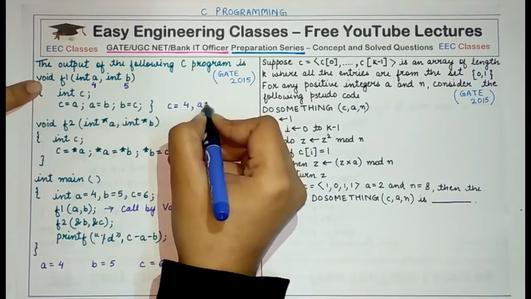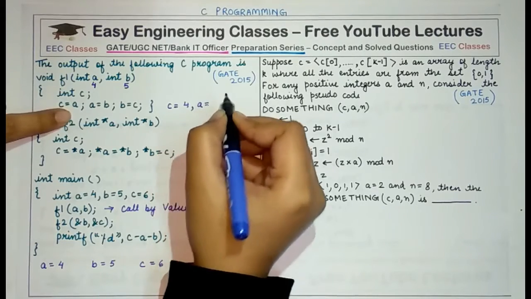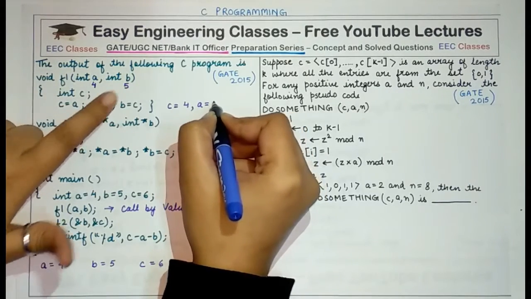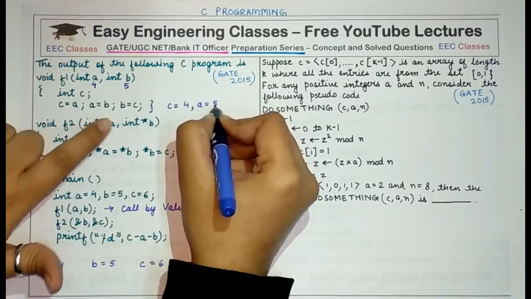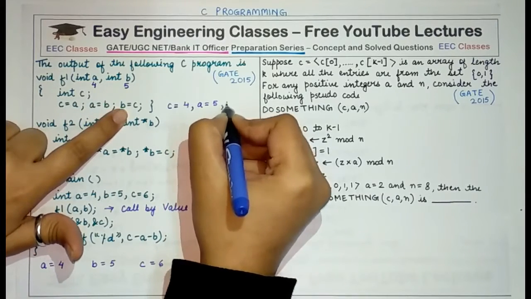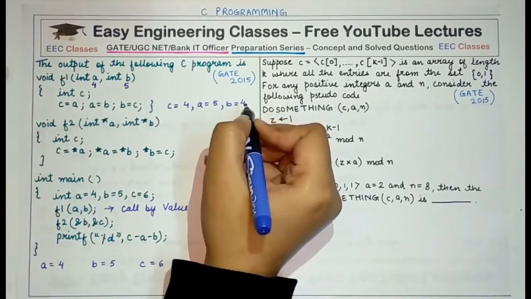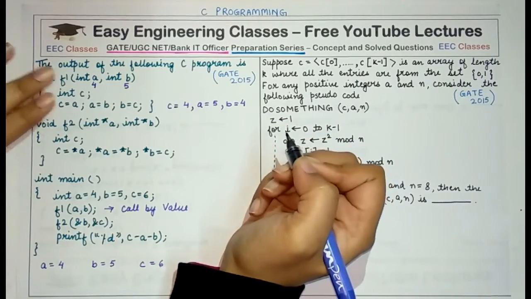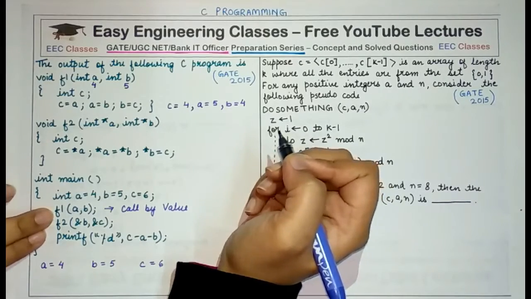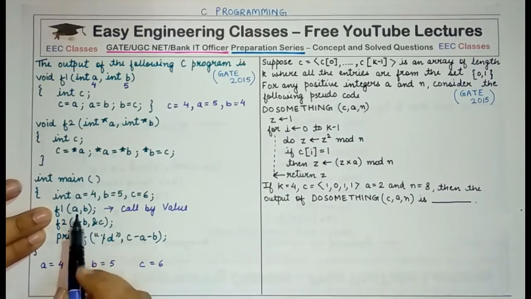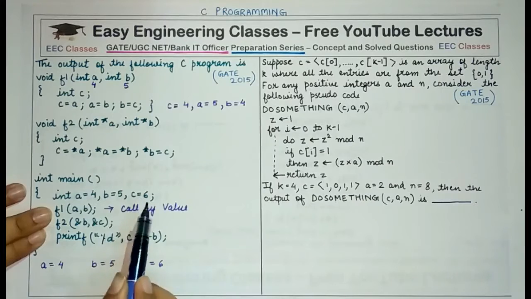Then the copy of a is changed to the value of b, so it is assigned 5, and the copy of b is assigned the value of c, which is 4. All these changes are local to f1 and none are reflected back. So the final values of a, b, c of main are still 4, 5 and 6.